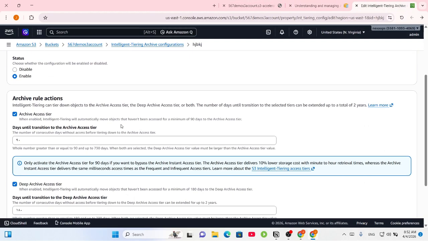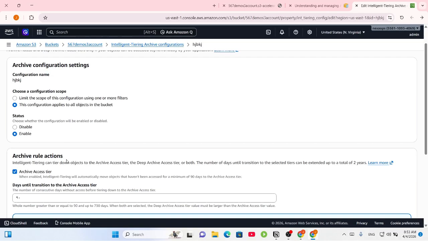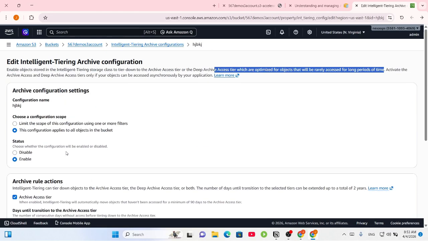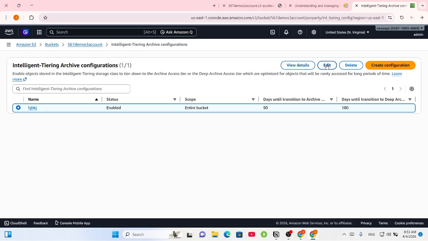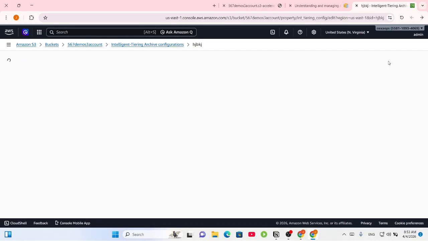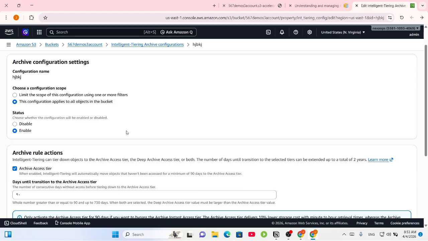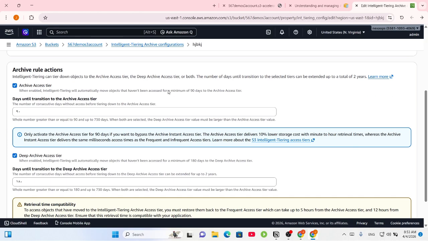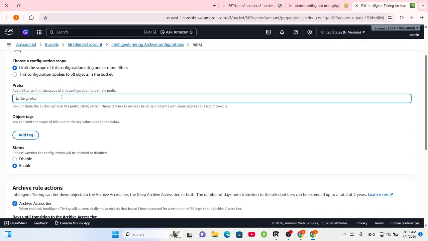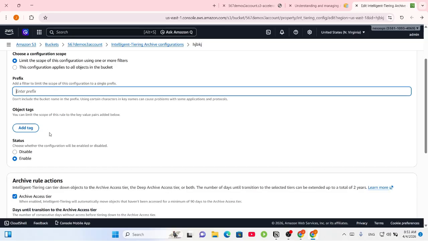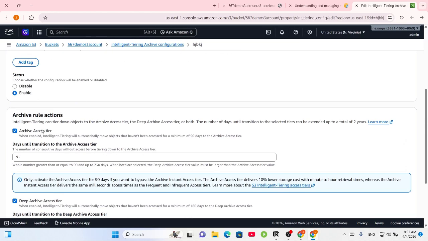So we can do that here, and we can do more here actually. That can tier down this one.